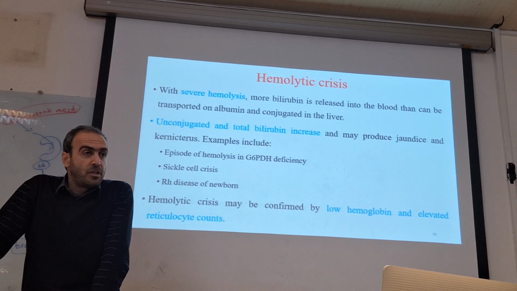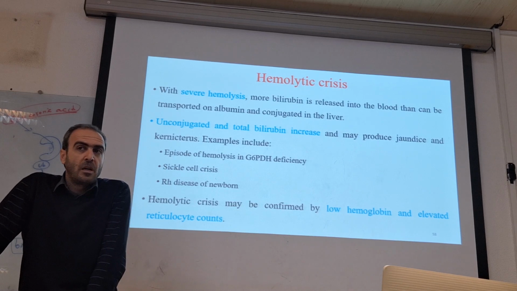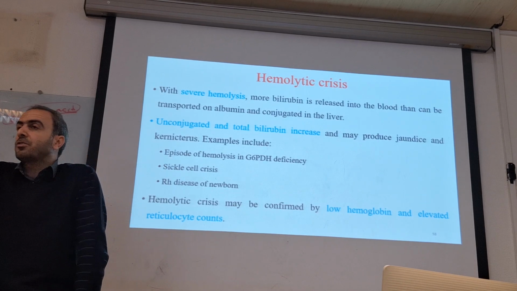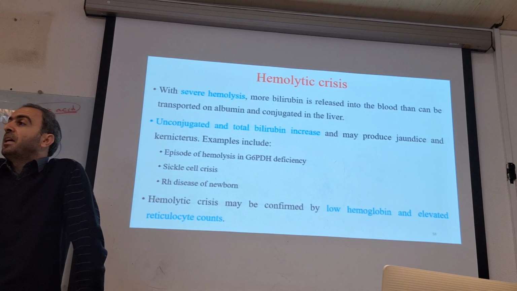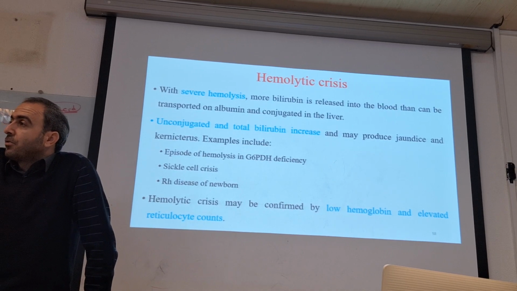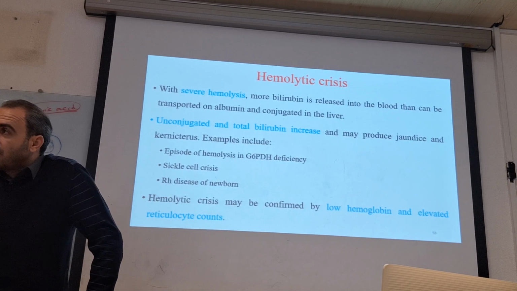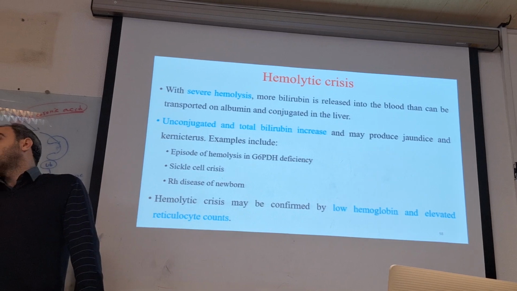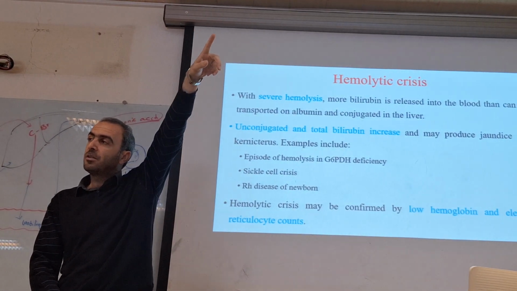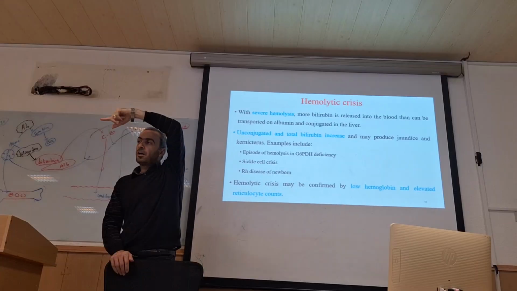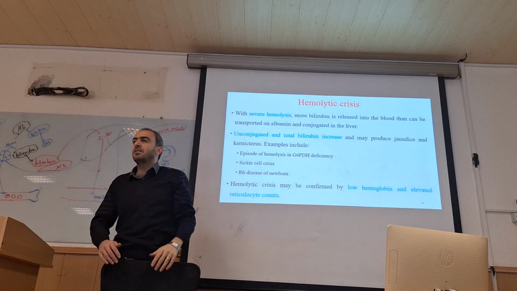Glucose-6-phosphate dehydrogenase. It's important in which pathway? Pentose phosphate pathway. For production of what? NADPH, which is important for maintenance of glutathione. Glutathione is important for maintenance of the RBC membrane. So when we don't have this enzyme, we don't have NADPH, we don't have glutathione, and the RBC membrane is degraded. So hemolysis is active.